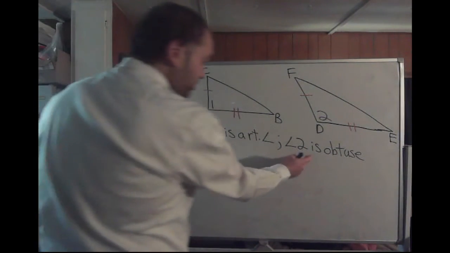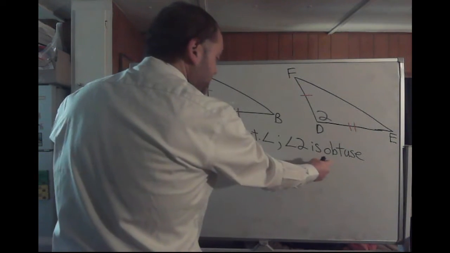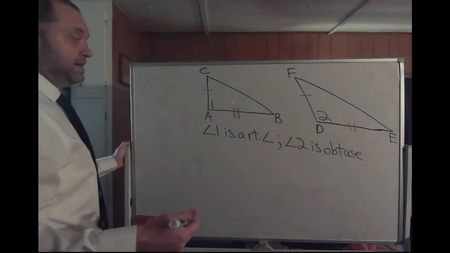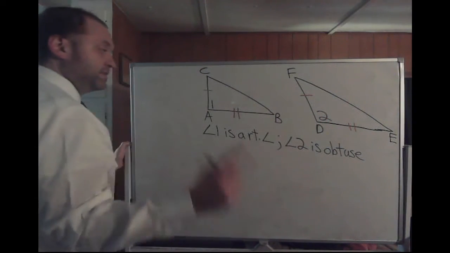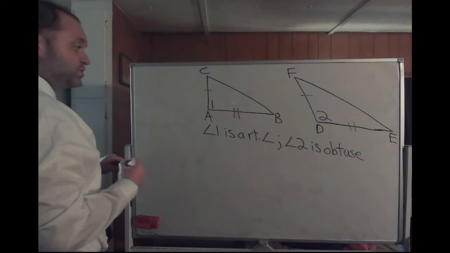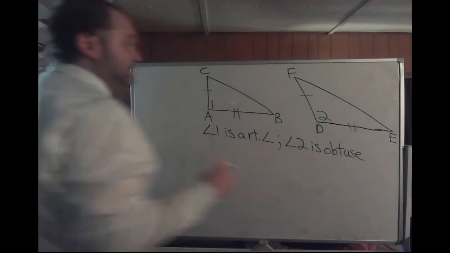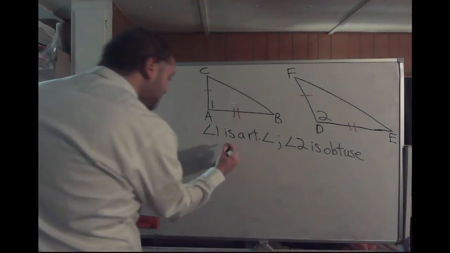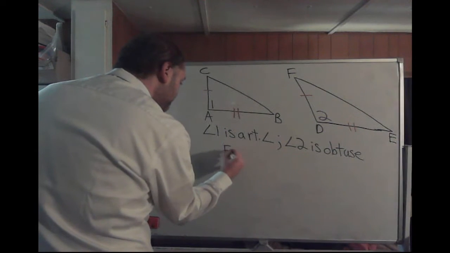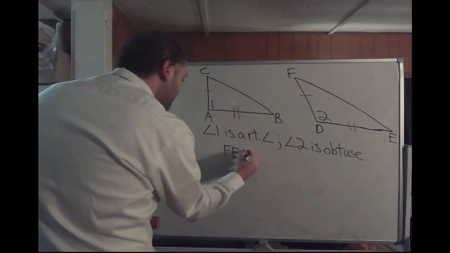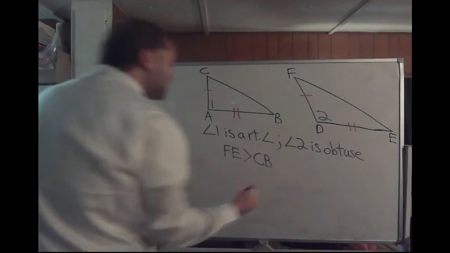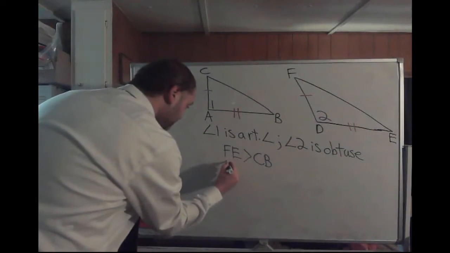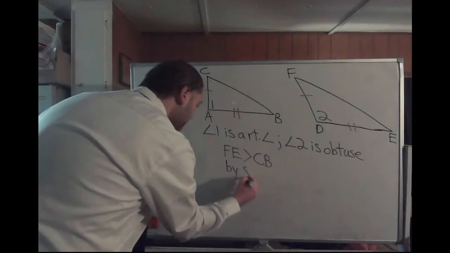In the second triangle, angle 2 is an obtuse angle, meaning it's greater than 90. So that means the included angle of the second triangle is definitely greater than the included angle of the first triangle. If that's the case, then that means that the length of side FE is greater than the length of side CB by the side angle side inequality theorem.